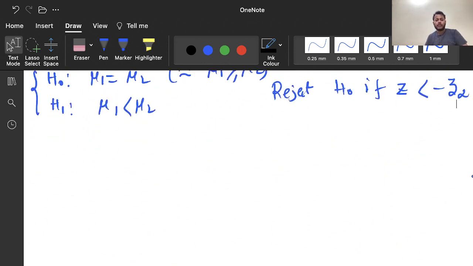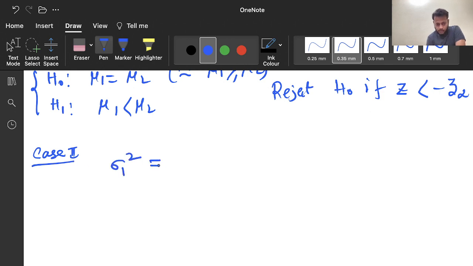Now we will explore case 2, where sigma 1 square equal to sigma 2 square equal to, suppose, sigma square, are known.